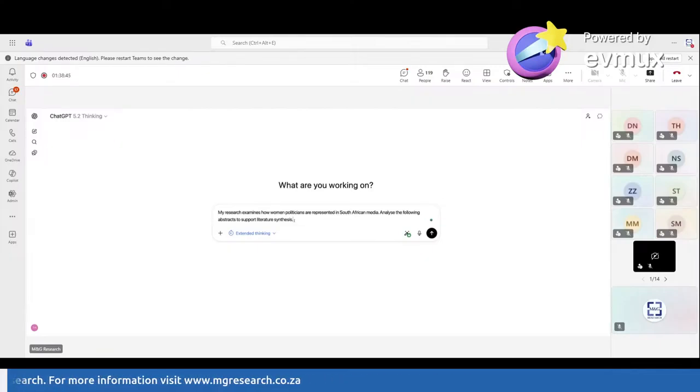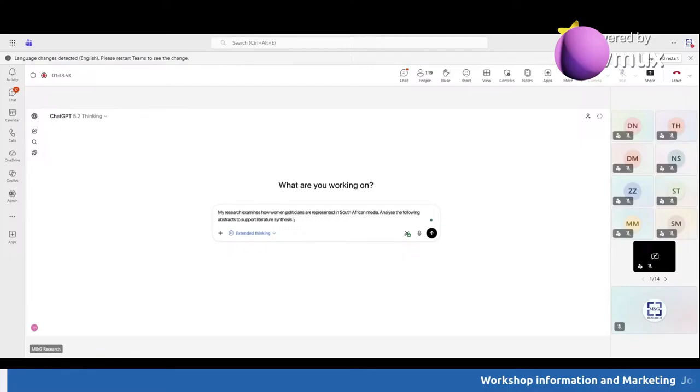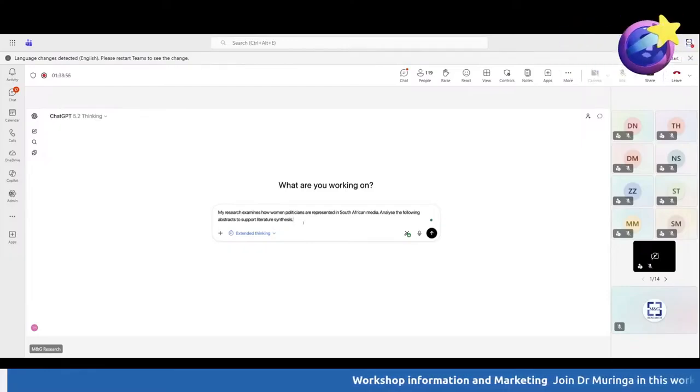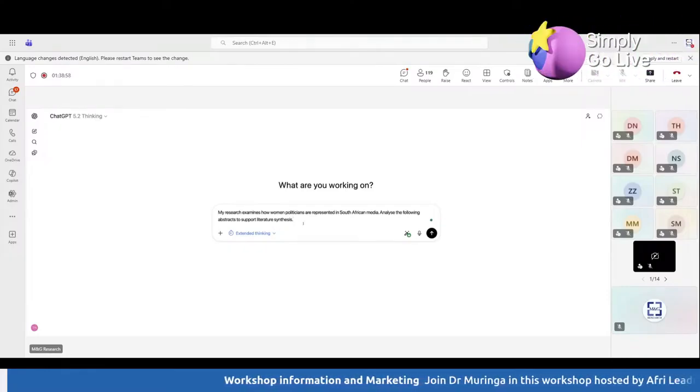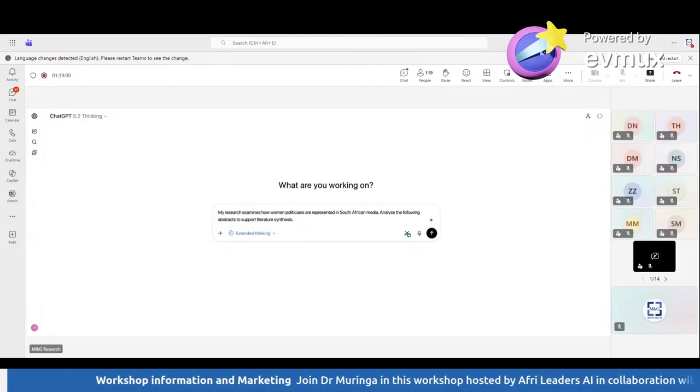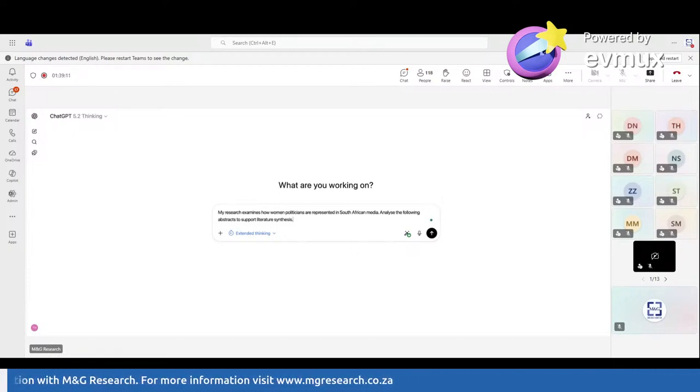The reason I'm saying analyze the following abstracts is because last week, in some of our presentations, we learned how to search for literature. I'm not going back there to search for literature, but I'm going to provide this platform with a number of studies. Two ways you can do this: you can use a CSV file, or you can copy and paste the studies that you want to synthesize or use to write your literature review.